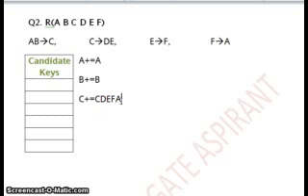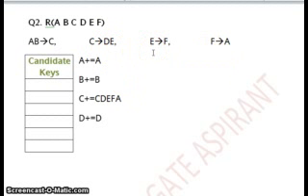Anything other than this? No, I don't think so. So we go to the next, D's closure. What would be D's closure? Well, D's closure would be D itself. After that there is nothing which I can find.